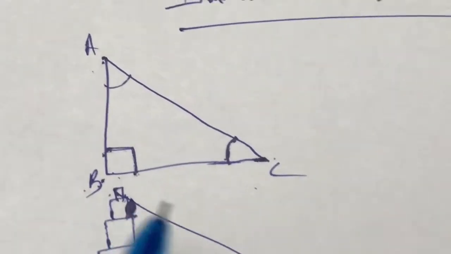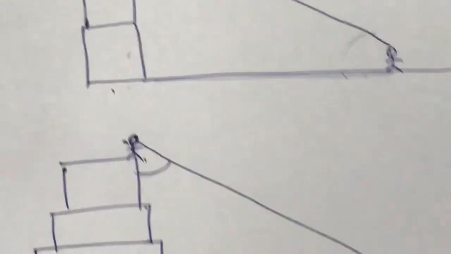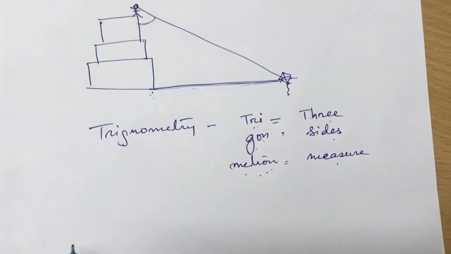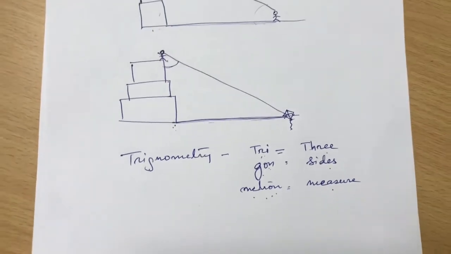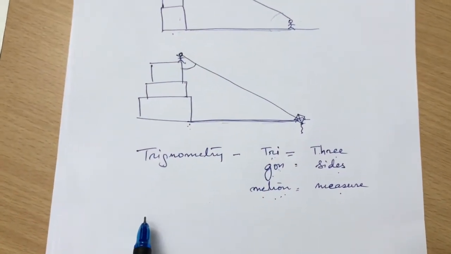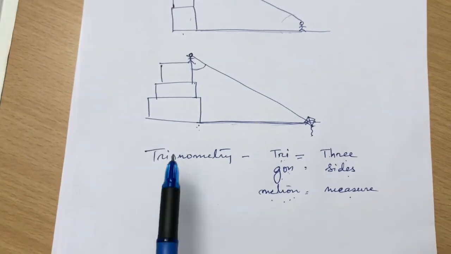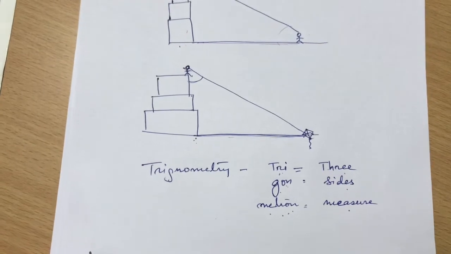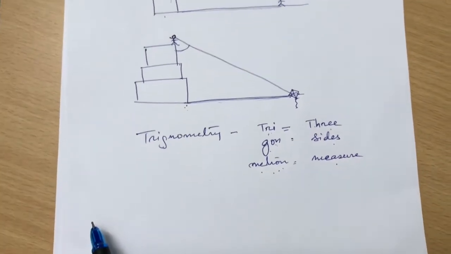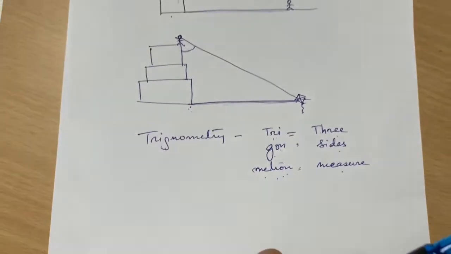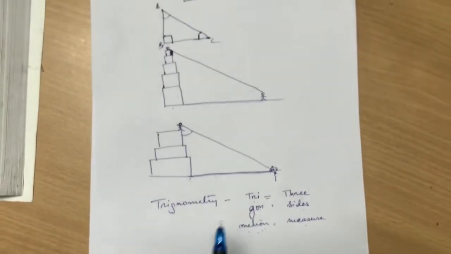Even today, most of the technologically advanced methods used in engineering and the physical sciences are based on trigonometrical concepts. Astronauts also use trigonometry to find out the distance of the stars and the planets from the earth. So this is a very small introduction to trigonometry.